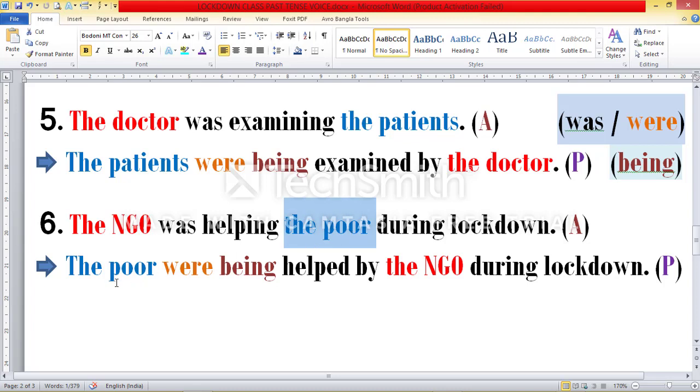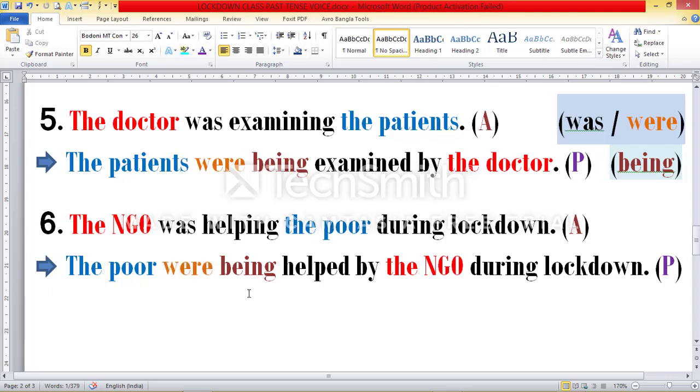The poor here will be written as subject. After making the object subject, we have to go to the verb was or were in case of past continuous tense. As the subject, the poor, is third person plural number, from was or were, was is not possible here, so were has come.